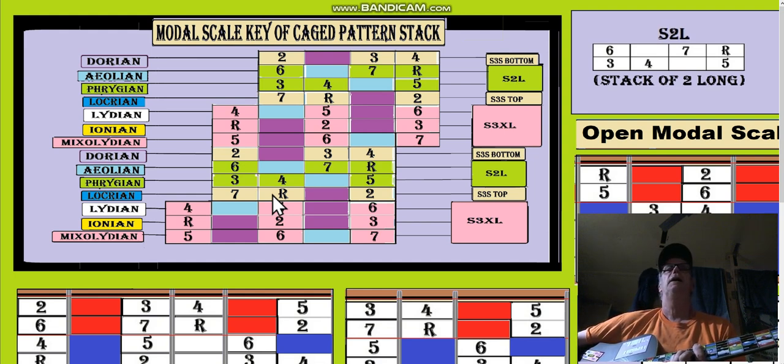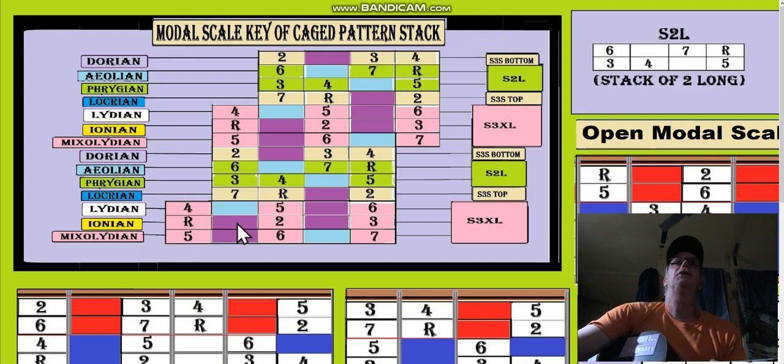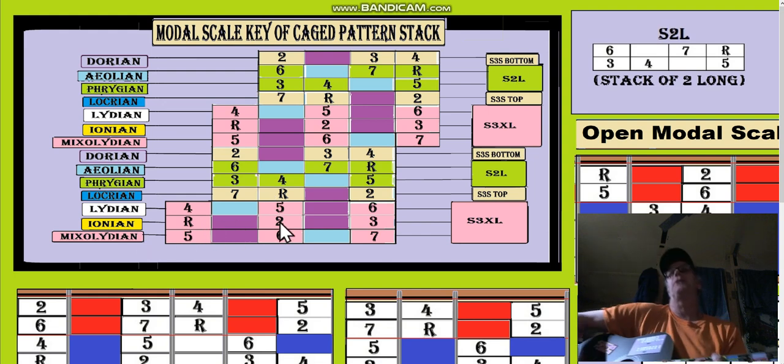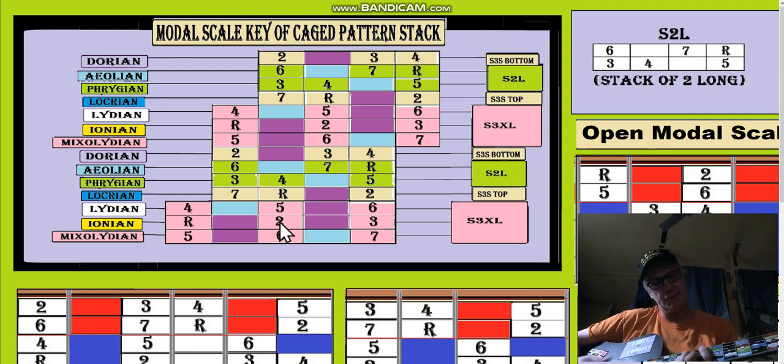I forgot what we were talking about. You want to start on the scale numbers there. Oh yeah, if you're just meandering.